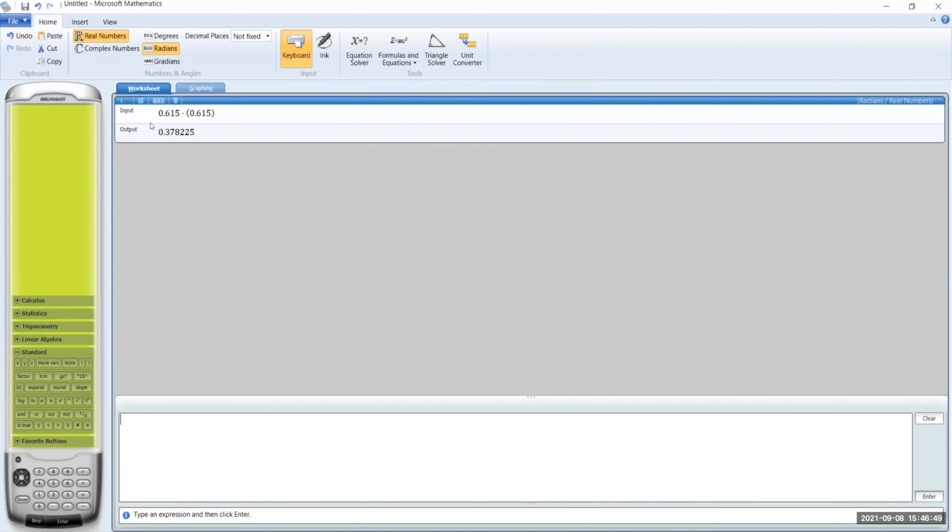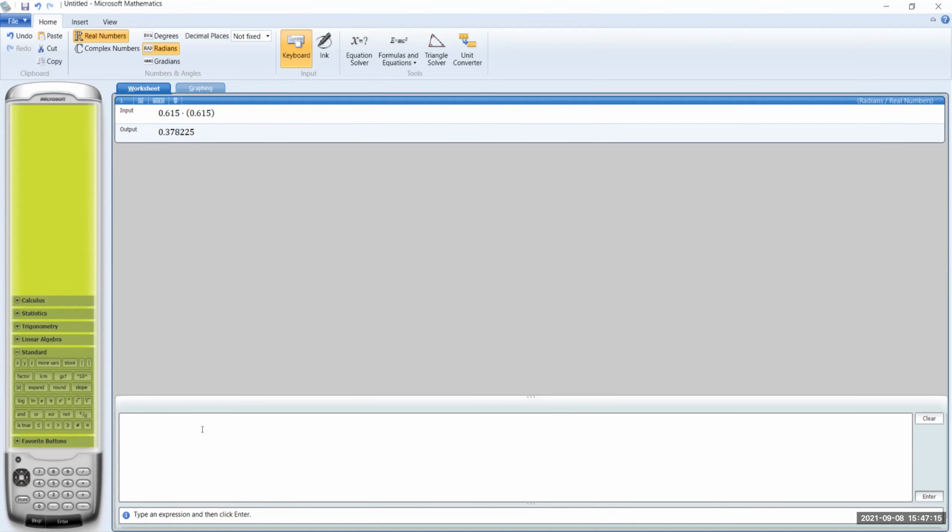I'm getting a number which is 0.378225. I don't care about the 225 because I really have 3 sig figs in here and 3 sig figs in here. So the maximum I retain is 3 significant figures. And that is 0.378. So I'm going to go back into the calculator, and I'm going to share the screen once I finish the second calculation.